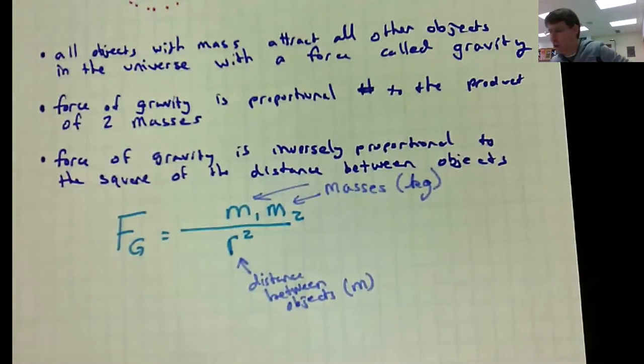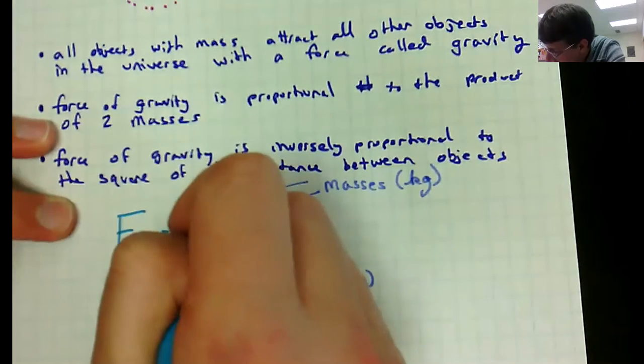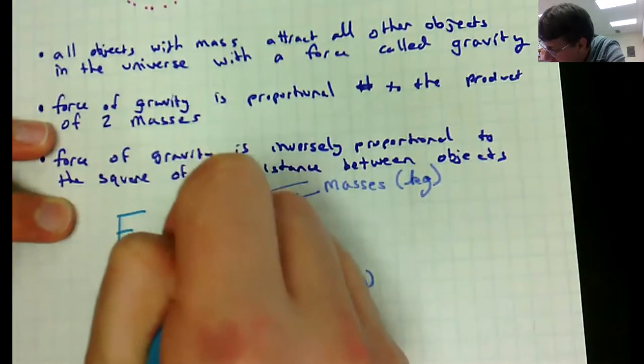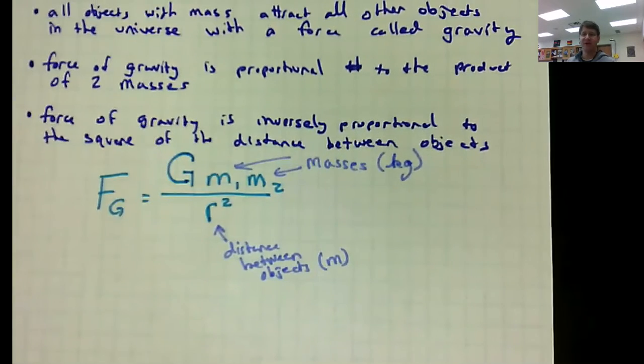And then to make this all work out, we got to put one more thing here. This is the constant of proportionality, but we're going to call it capital G. Now, it's important that it's a capital G because we've already talked about lowercase g, right? Lowercase g is the 9.8, but this is something else.